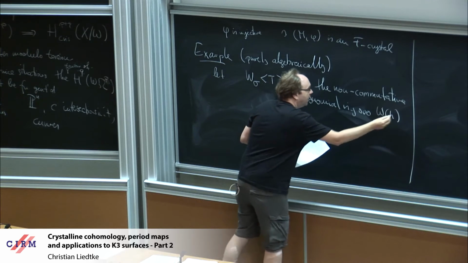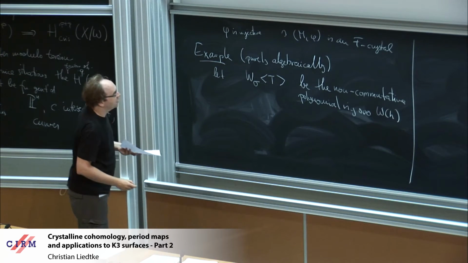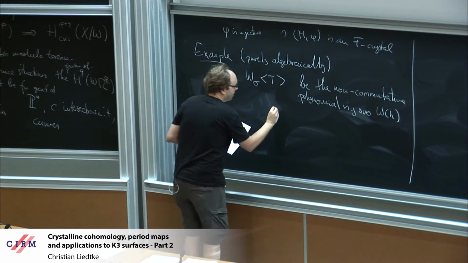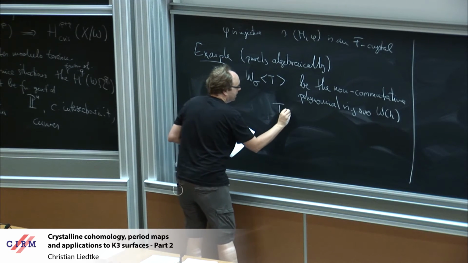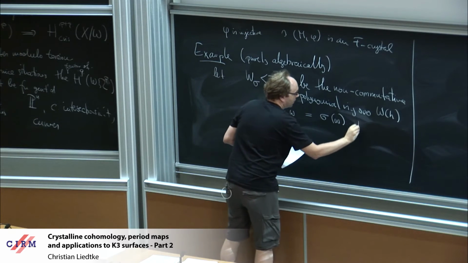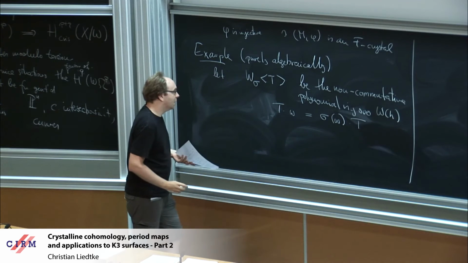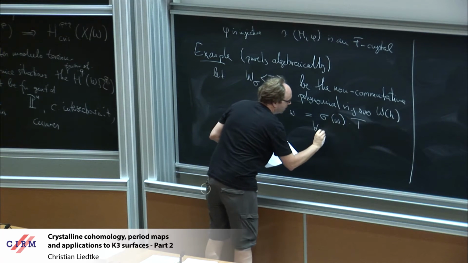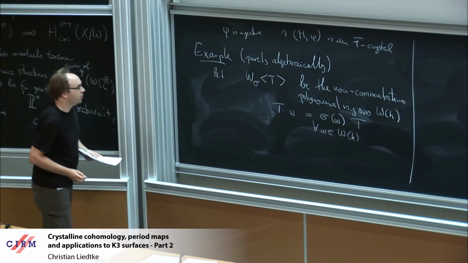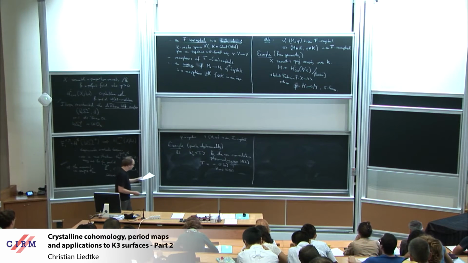So you take polynomials over W adjoining t, however you make it non-commutative in the sense that t times w is the same as sigma of w times t for all w in the Witt ring. So it's not commutative, but it's not too bad.